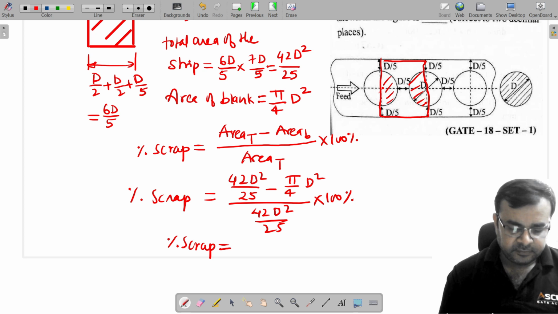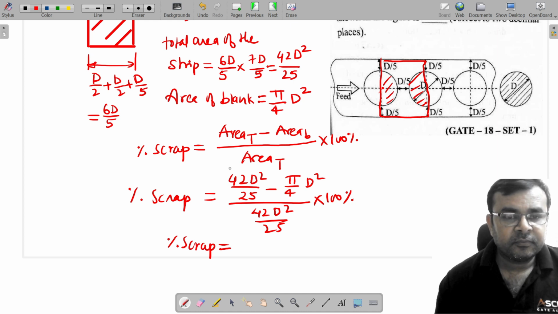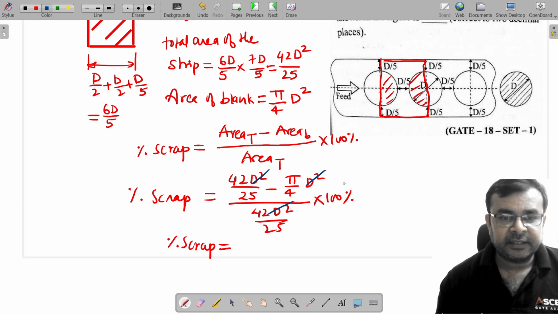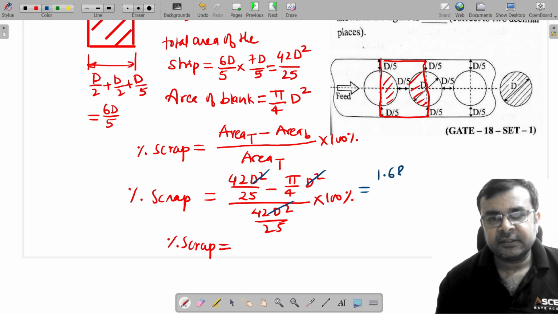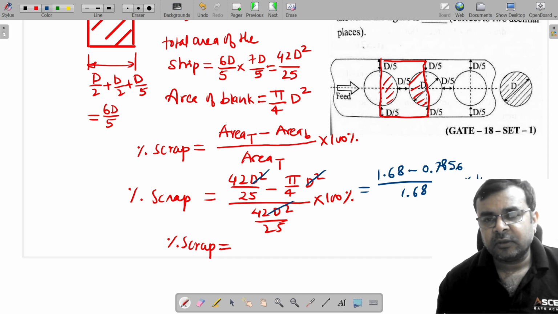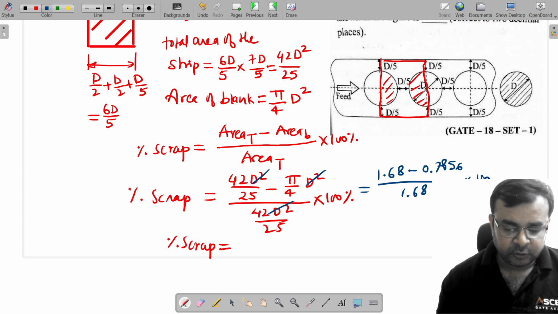The d square cancels out because in the numerator and denominator we have d square. So this is 42 by 25, which is 1.68, and pi by 4 is 0.7856, over 1.68, into 100. The value of pi by 4 is 0.7856.